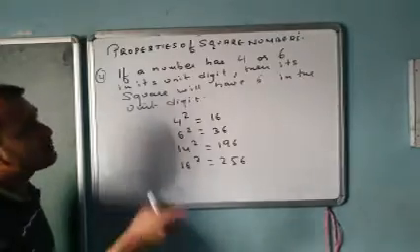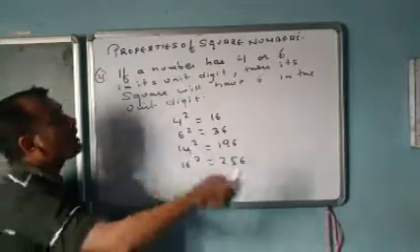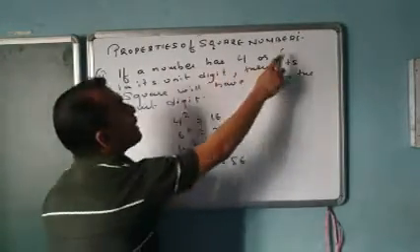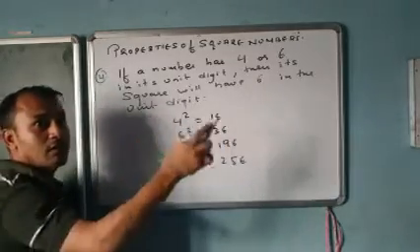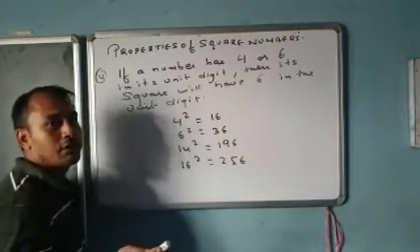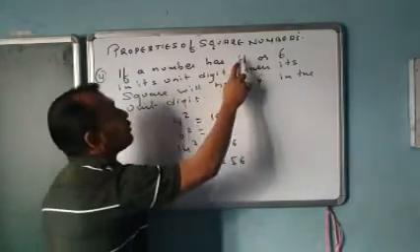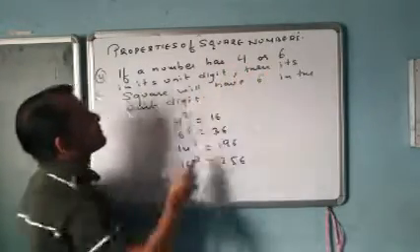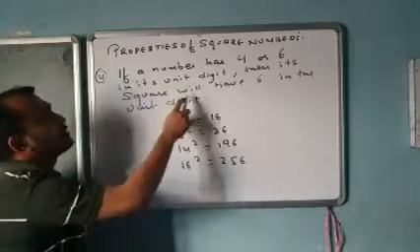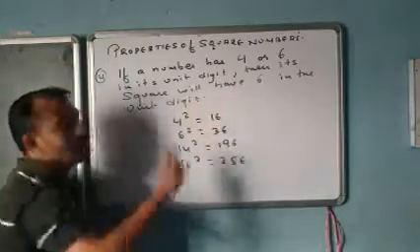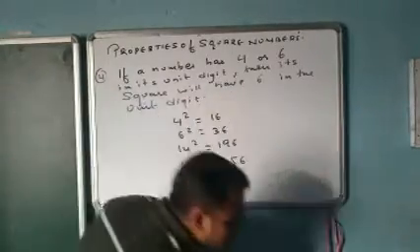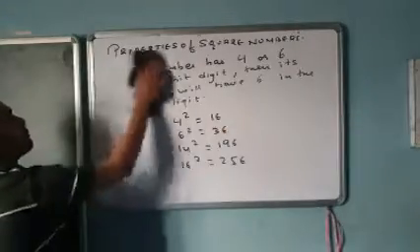It is the same as the previous one. But in the previous one, if the number has 1 or 9 in its unit digit, then the square will always have 1 in the unit digit. In the same manner, if a number has 4 and 6 in its unit digit, then the resultant will always have 6 in the unit digit. So this is your property number 4.